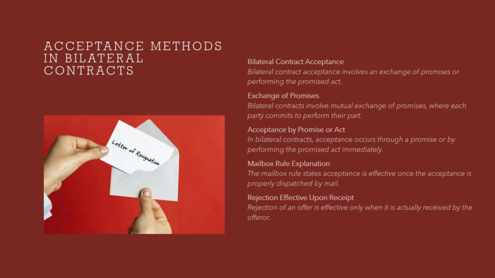The mailbox rule states that acceptance is effective once it is properly dispatched by mail. The effective date of the acceptance is important. Rejection, on the other hand, of the offer is effective only when it's actually received by the offeror. So they actually have to have it in hand, as opposed to the mailbox rule explanation.